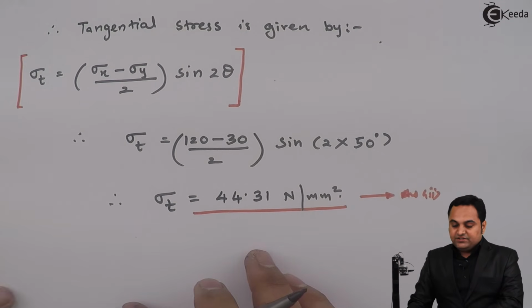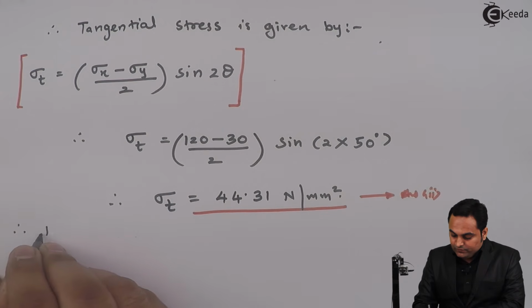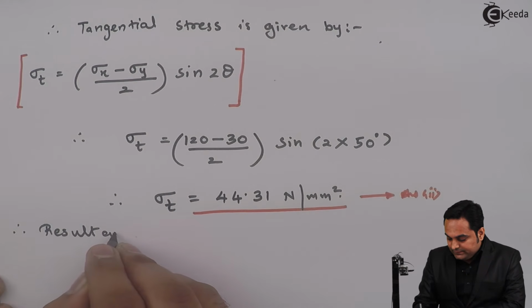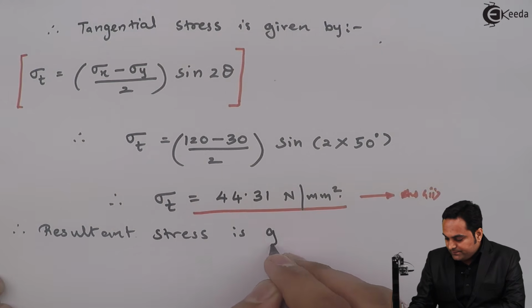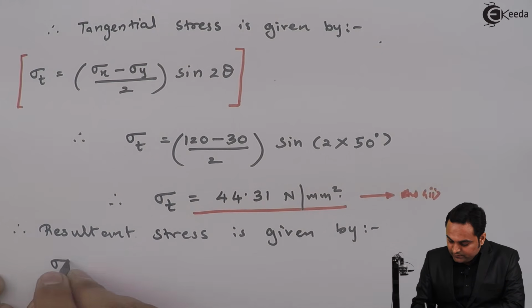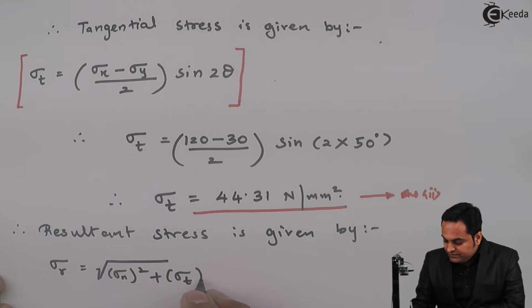Next, after getting tangential stress, we need to find out resultant stress. So I can say that resultant stress is given by sigma suffix r is equal to root of sigma n square plus sigma t square.